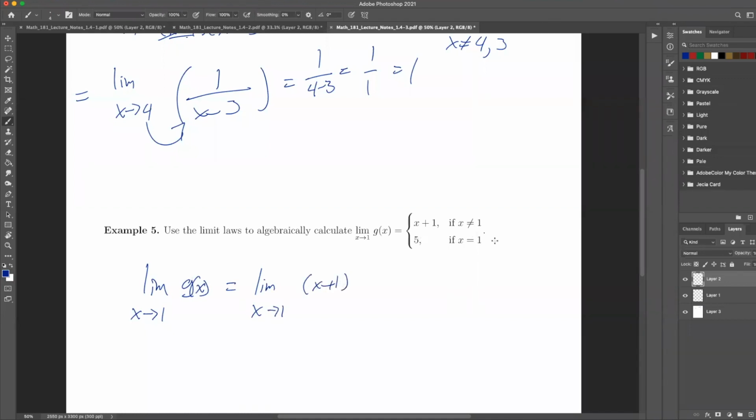Do I actually care what the actual value is? No. The limit never looks at the value itself. Remember from the other page, the limit only cares about values arbitrarily close to it. So we only care about this part, and we ignore this part. For this limit, it's 1 plus 1, because I can directly substitute into a polynomial, and I get a 2. Okay?